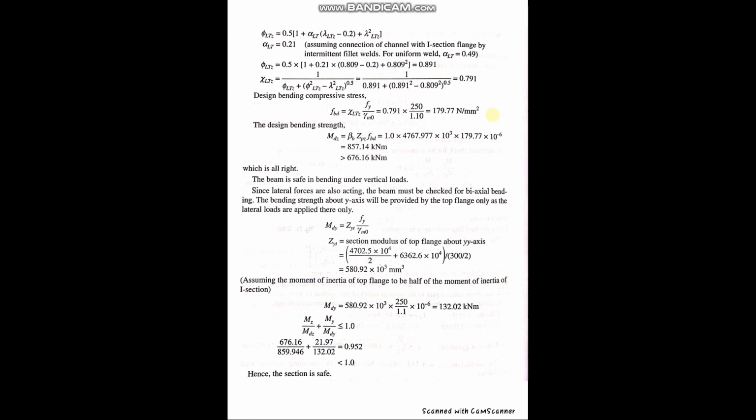So up to this point we have taken a trial section. Using that section we have calculated the sectional properties like plastic section modulus, elastic section modulus for both the axes, major and minor axis. Then we checked for the local moment capacity.